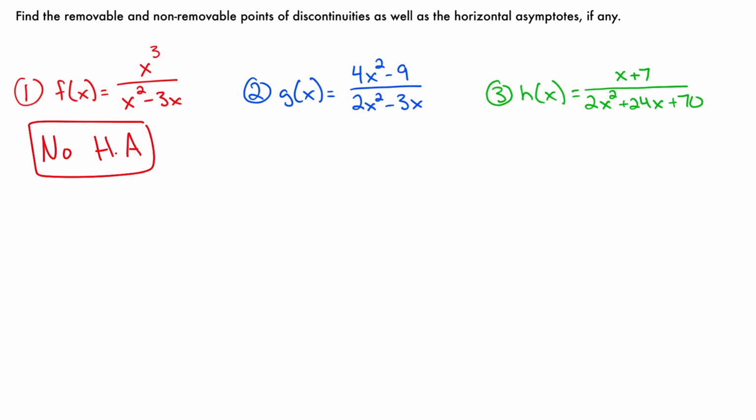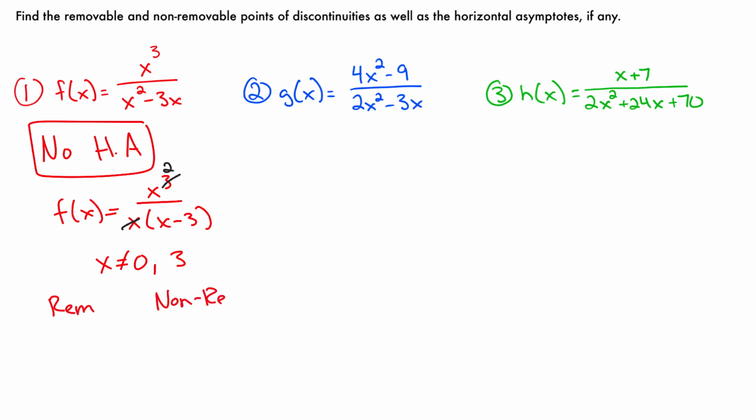So what I could do is factor that into x cubed over x times x minus 3. I would recognize that the x would eliminate with the third power, leaving me with the second power on top. Therefore, the discontinuities, which would be 0 and 3, break into 2 categories, removable and non-removable.